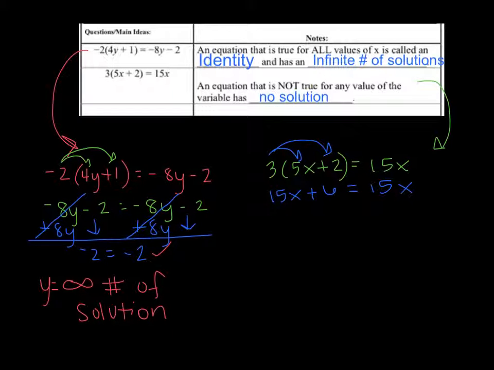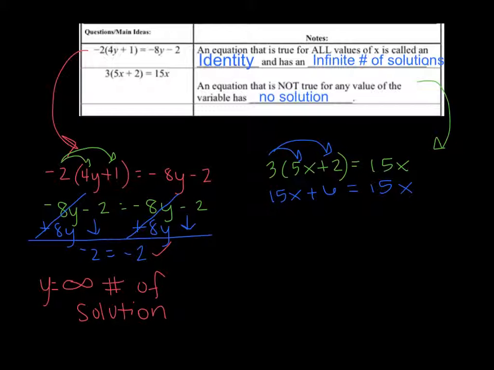Now at this point, some of you may start thinking, okay, there's no way this is going to work, because if I have a number times 15 and I add 6 to it, it's never going to be equal to that same number times 15 unless I added 6 to it.